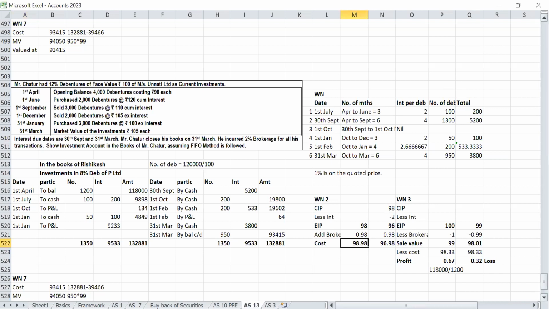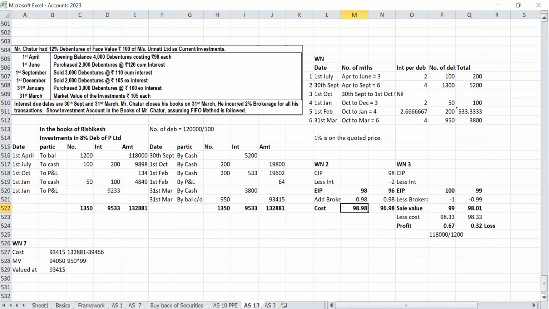In the books of Chatur, 12% debentures of Unnati Limited.